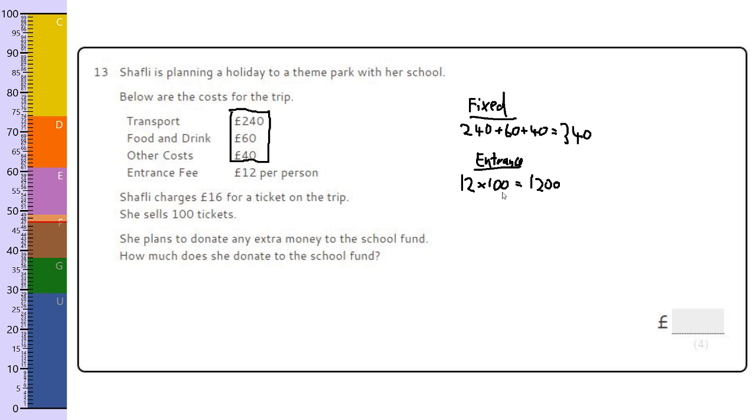Okay, so total costs is the fixed cost which we worked out plus the entrance. So it's going to be £340 plus 1,200. So it's going to cost her £1,540. Okay, and that's that done.